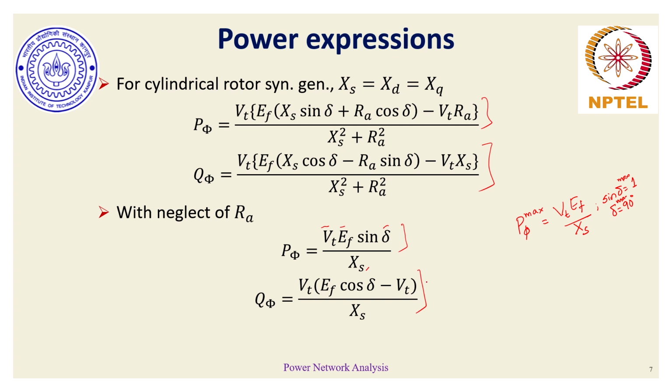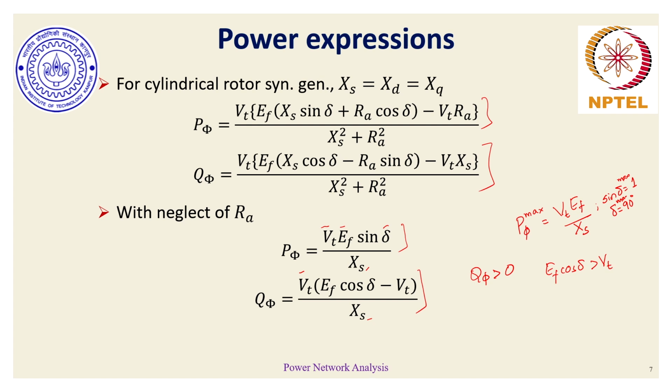Similarly, if we spend some time on Q phase, for an inductive load, the machine would be delivering reactive power. For Q phase to be positive, Vt and Xs, as I mentioned, are positive specifications, not negative quantities. So if Q phase has to be positive, then it's pretty clear that Ef cos delta should be more than Vt. That means the machine would be delivering reactive power.